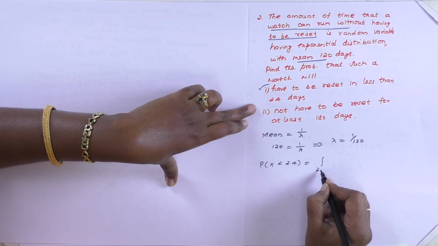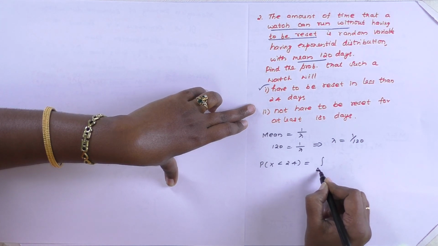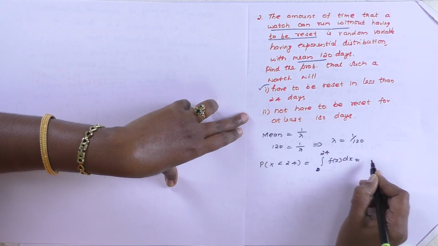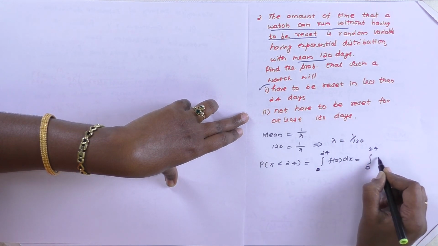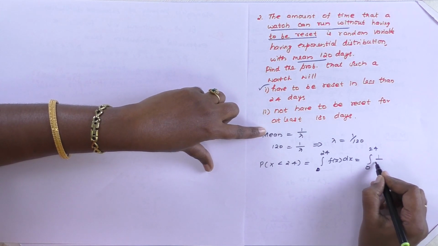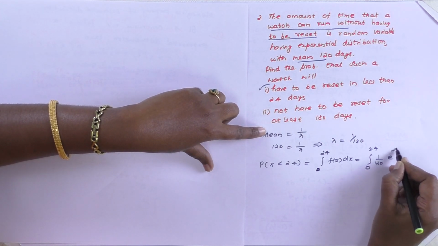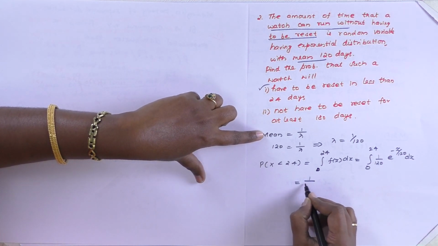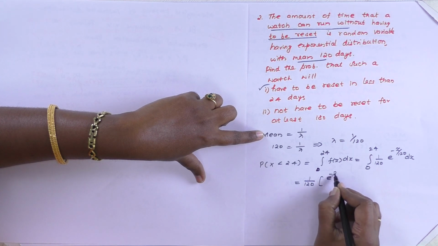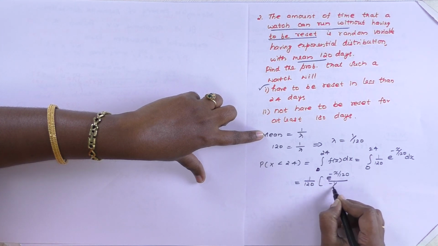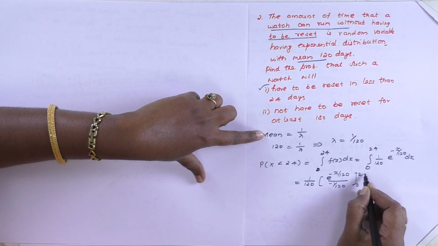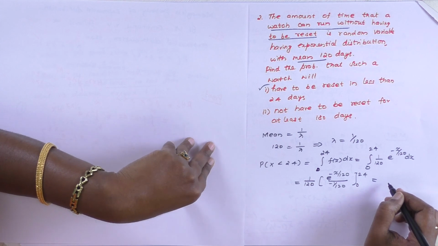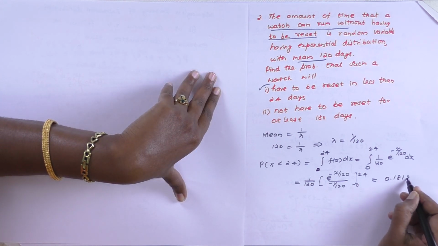That is, the limit varies from 0 to 24, f of x dx, where f of x is 1 by 120 into e to the power of minus x by 120 into dx. Now substitute the upper limit minus lower limit value. We get the answer 0.1813.